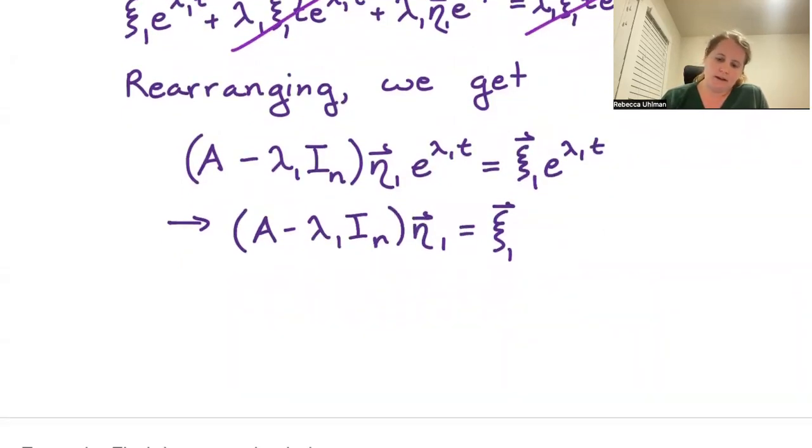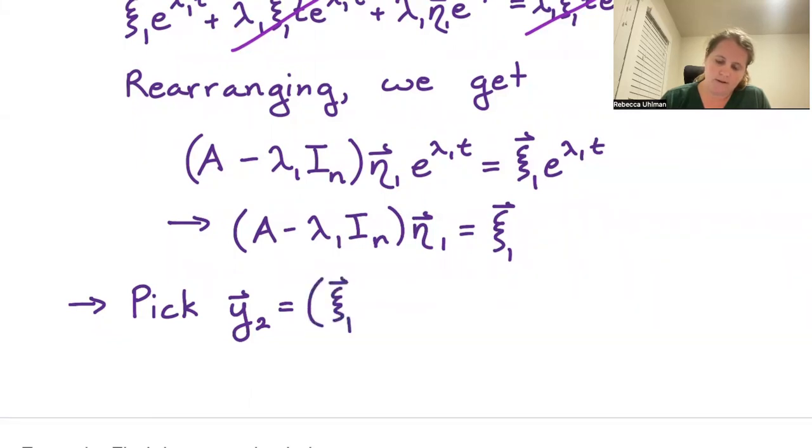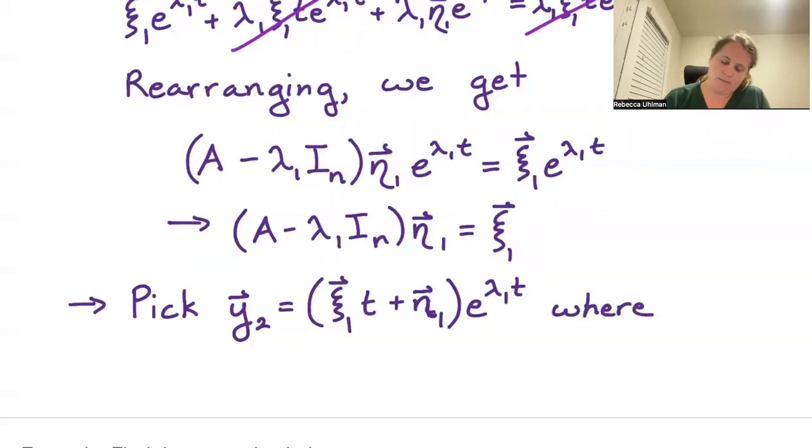And so what we get is we will pick y2 to be psi 1 times t plus eta 1, all multiplying e to the lambda 1t, where A minus lambda 1 times the identity, multiplying eta 1, is psi 1.